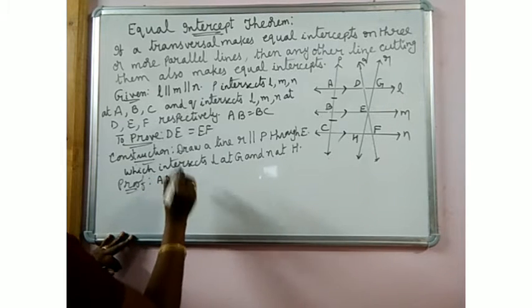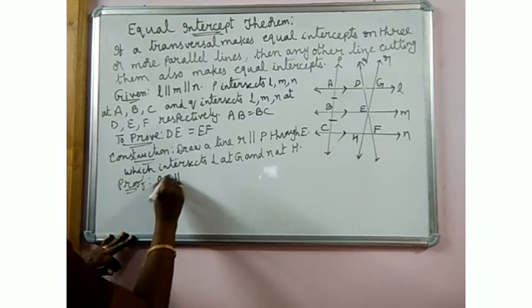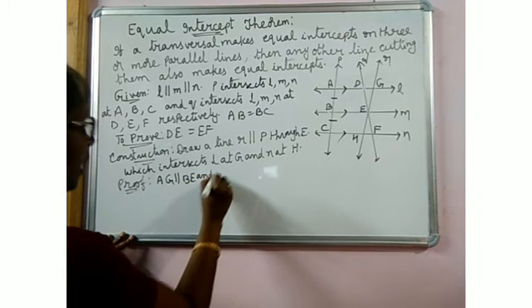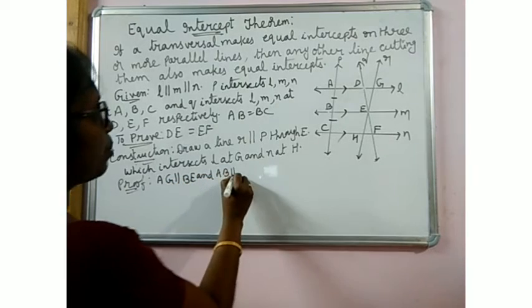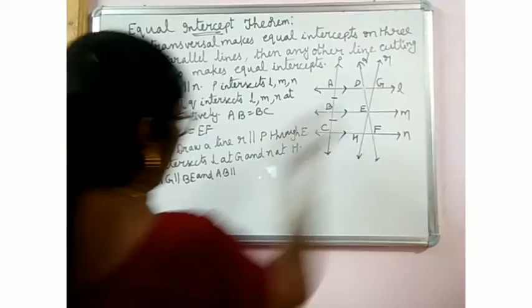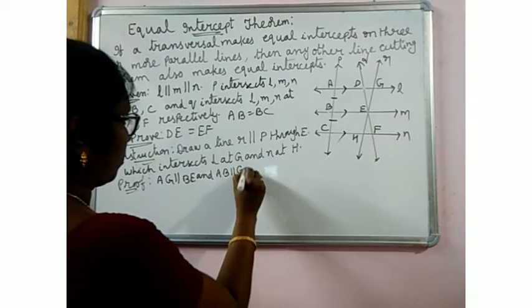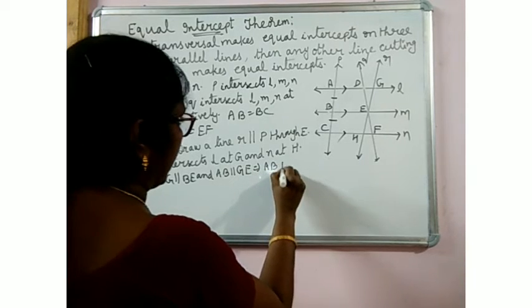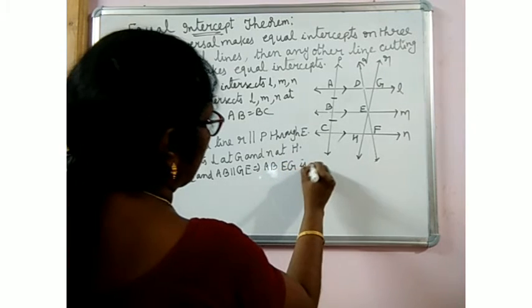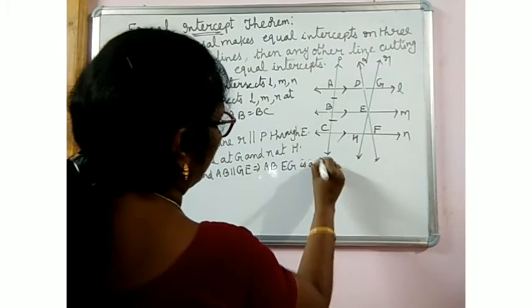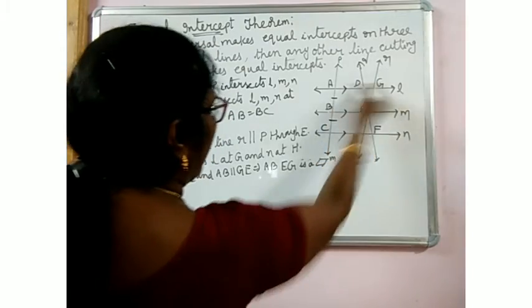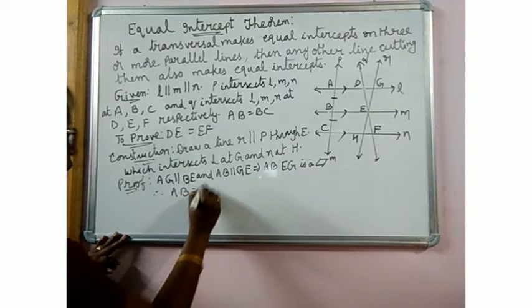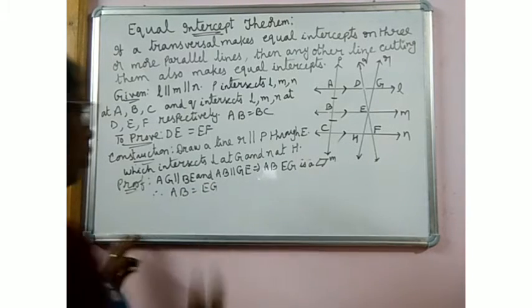AZ is parallel to BE and AB is parallel to ZE. That implies ABEZ is a parallelogram. Therefore, AB is equal to EZ.